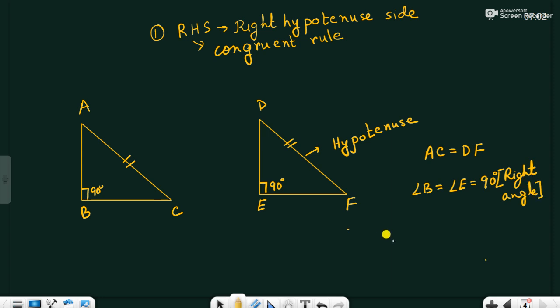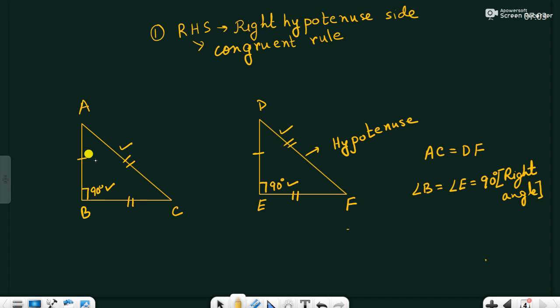Right? And here you see, if any of the two sides, either AB is equal to DE or BC is equal to EF, then we call it the right hypotenuse side congruent rule. First, the hypotenuse should be equal to this hypotenuse. Both are 90 degree or right angle.